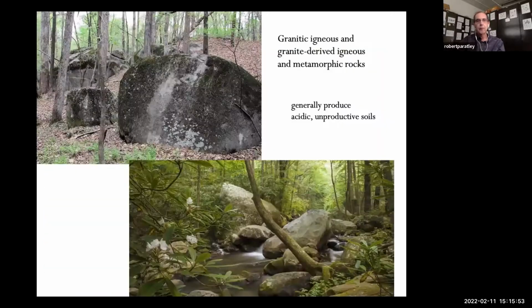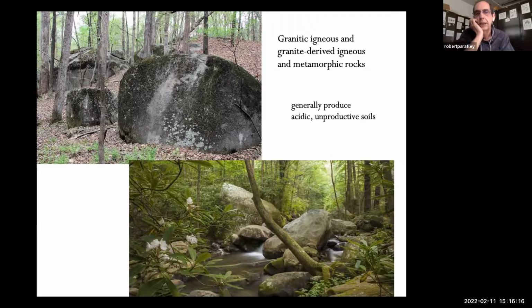However, most of the Appalachians to the east of us are underlain by a complex of igneous and metamorphic rocks. Igneous rocks come from volcanic eruptions, and metamorphic rocks are transmuted by pressure and heat.